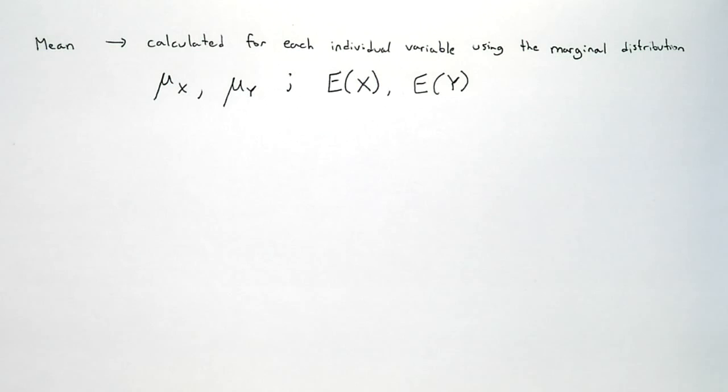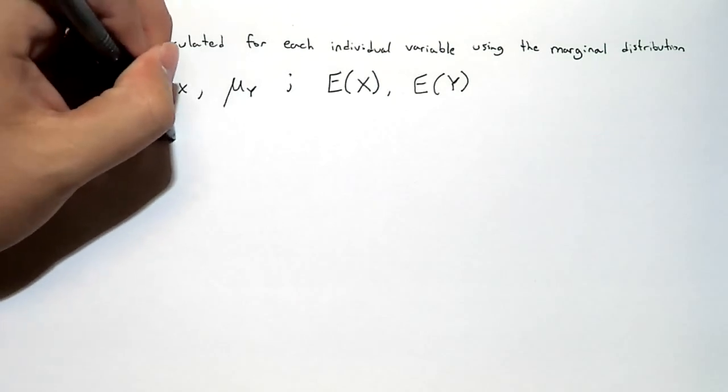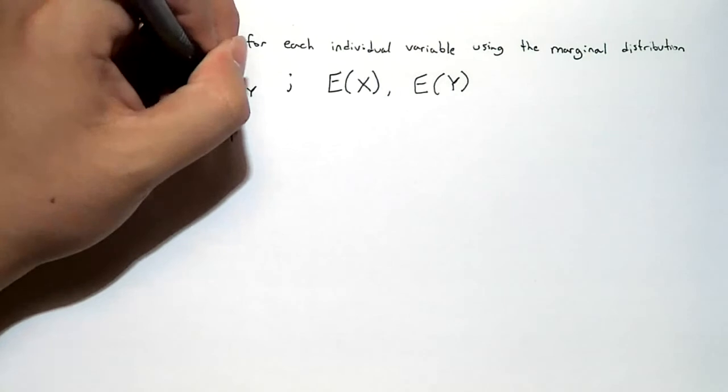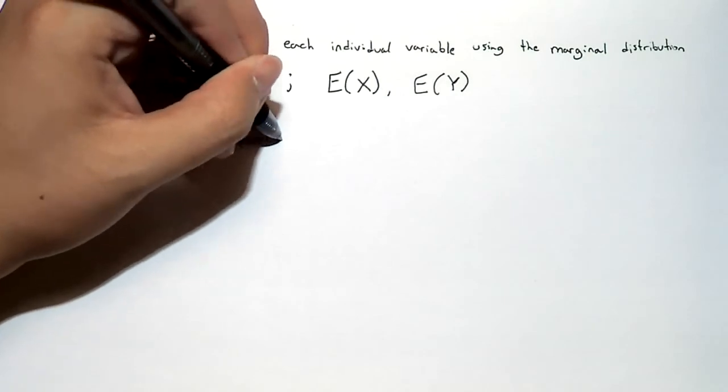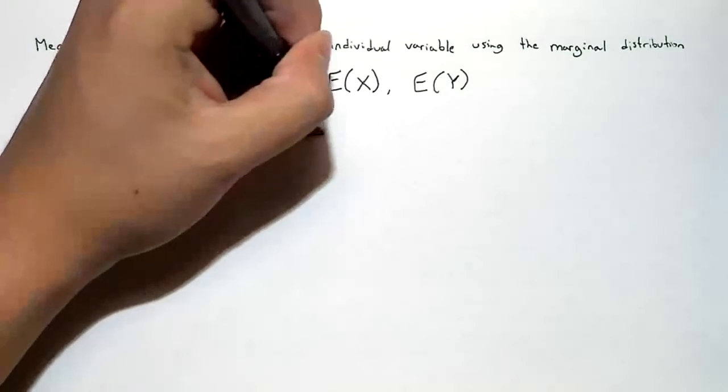Variance and deviation are also calculated in the same way. When I say in the same way, I mean that we calculate them for our individual variables following the marginal probability distribution.